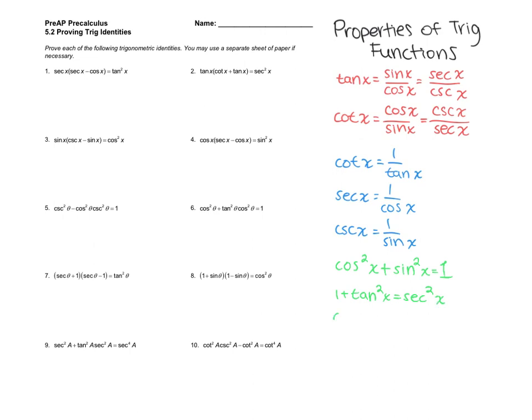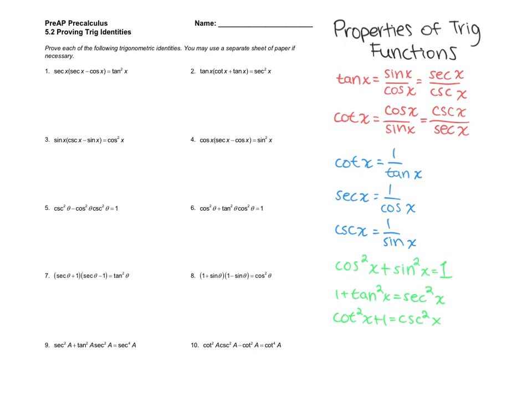And then finally we have cot squared x plus 1 is equal to cosecant squared x. Now, these can clearly be reorganized. So if you're trying to solve for cos squared x, you can reorganize it so that way it's cos squared x is equal to 1 minus sine squared x. And it can be applied for all three of these.